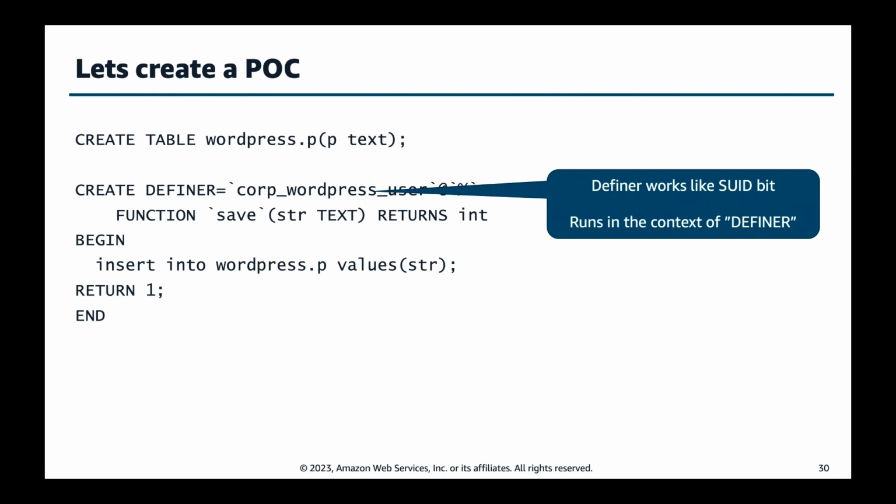So in this case, we specify the definer as our user, which has all access to the WordPress database. And this is how we can save our password. Right? So we create a function called save, and we will take the argument, and we will insert that text into our table to materialize that.